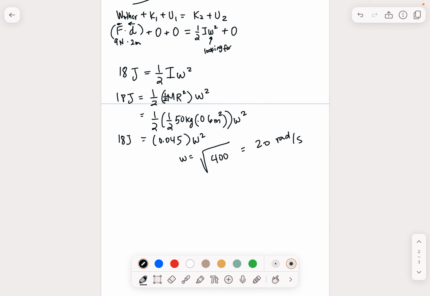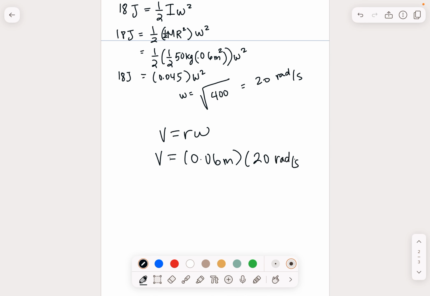That can be translated into the linear speed of the cable using v equals r omega. About 1.2 meters per second.